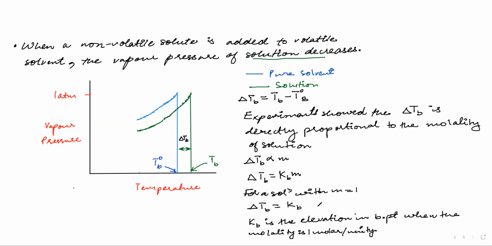Hence, this KB is also known as the molal elevation of boiling point. This molal elevation of boiling point KB depends on the nature of our solute. You can write this down.